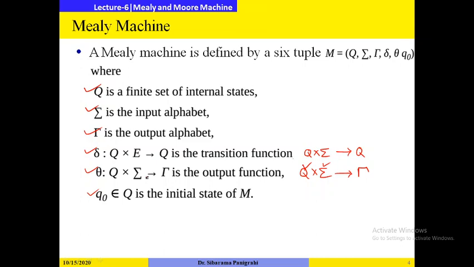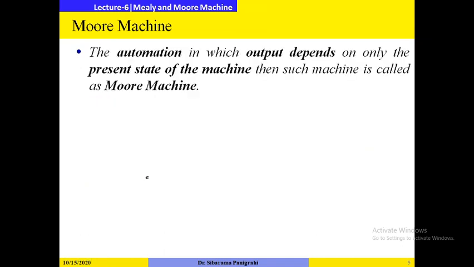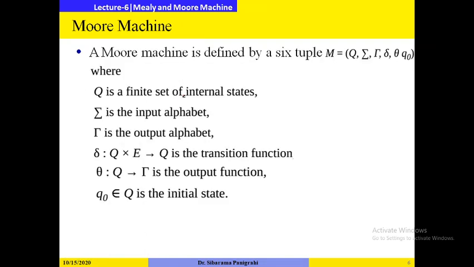Similar to a Mealy machine, a Moore machine is an automaton in which the output only depends on the present state. In a Mealy machine, the output depends on both present state and current input, whereas in a Moore machine, the output depends only on the present state. Mathematically, a Moore machine can also be defined as a six tuple, similar to the Mealy machine except for one difference.